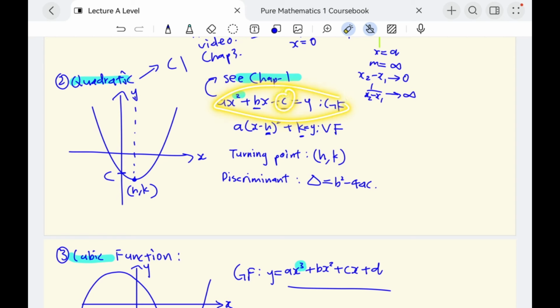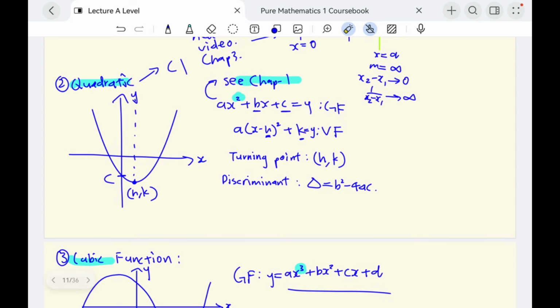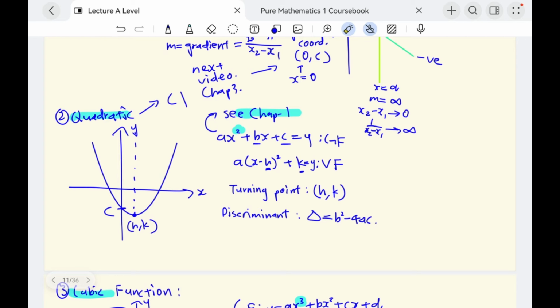Your y-intercept, the sum of roots, and also the sign of the coefficient of x squared. And from the vertex form you can obtain the turning point, as I have mentioned and covered with you in the previous video. Please refer to the previous video.